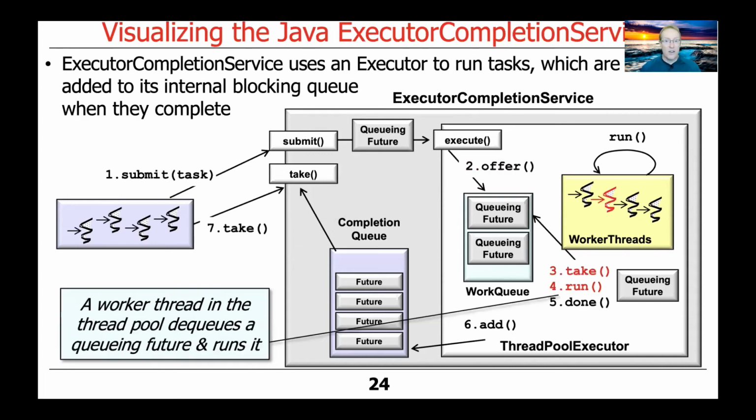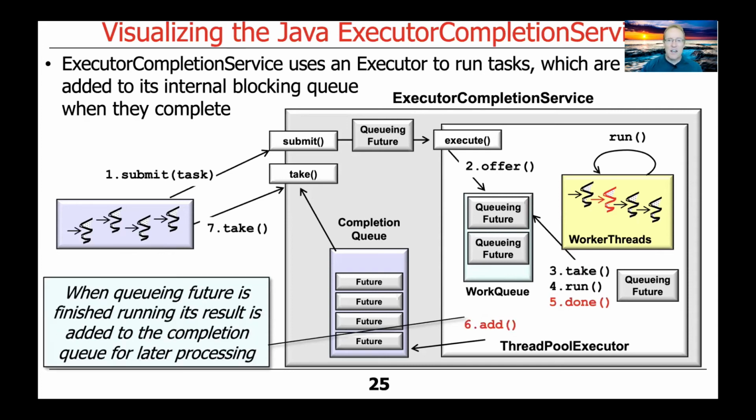One of the threads in the pool will notice that there's a new piece of work on the queue, take the item off the queue and run it. It runs the task asynchronously in the background in a thread in the thread pool.